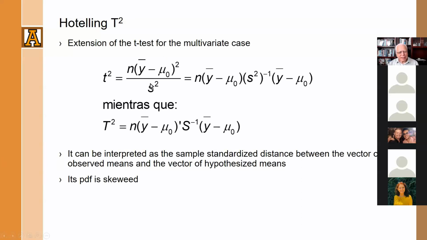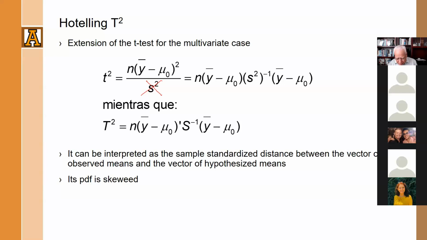Look at the univariate case. You have the distance between y bar and mu null, the mean under the null hypothesis. Without the s squared, that's just the distance. To see if y bar is too far from mu null to reject the null hypothesis that the mean for y is mu null, we need to say what's a large distance and what's a small distance.